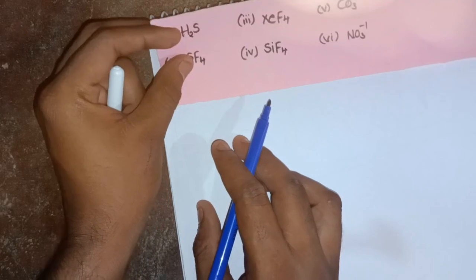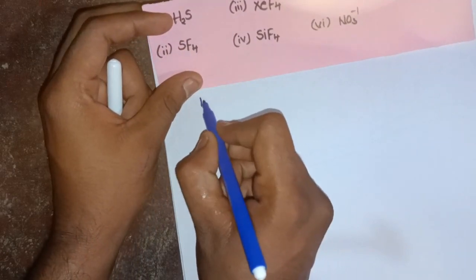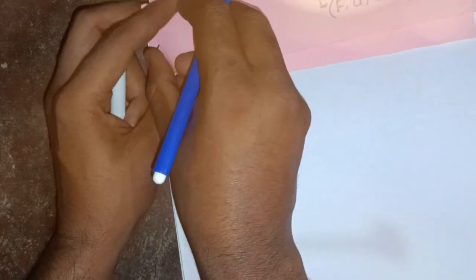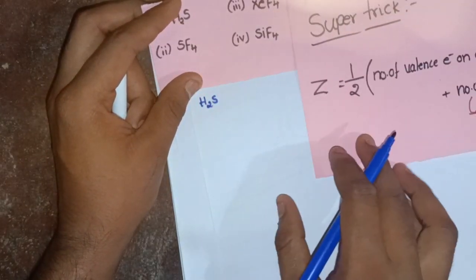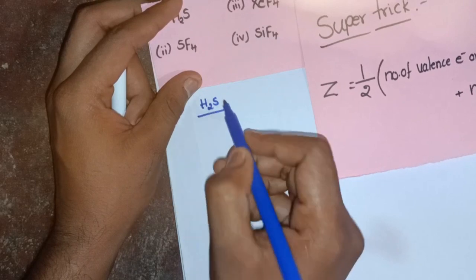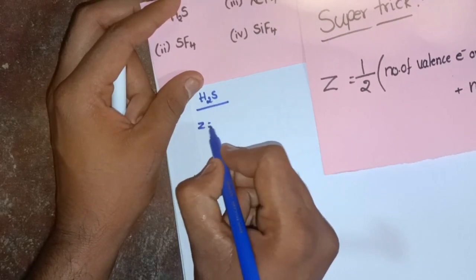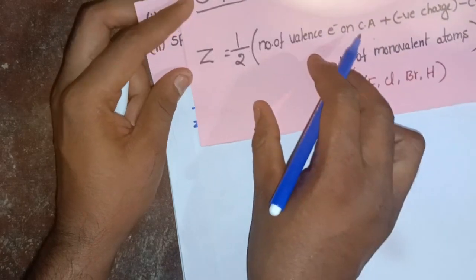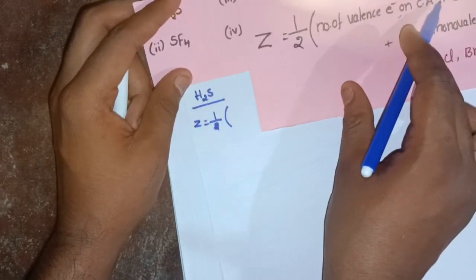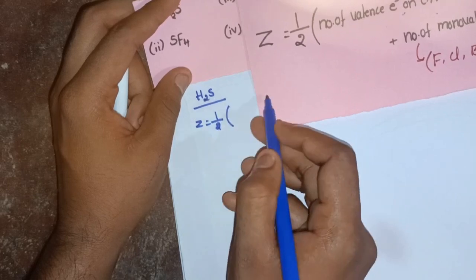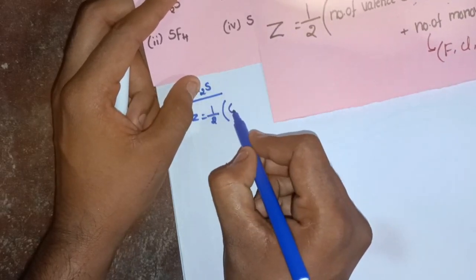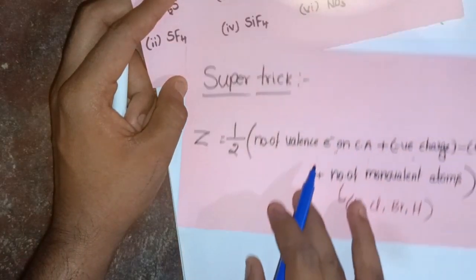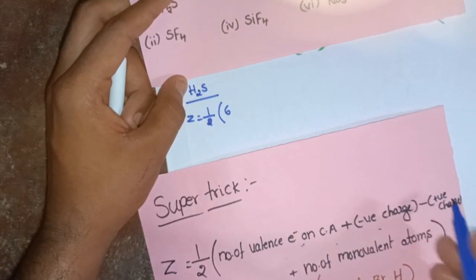First example is H2S. This is the formula. First, Z is equal to half into the number of valence electrons on the central atom. Here the central atom is sulfur. Sulfur has valence electrons 6, plus negative charge. Here there is no negative charge, minus positive charge if present.